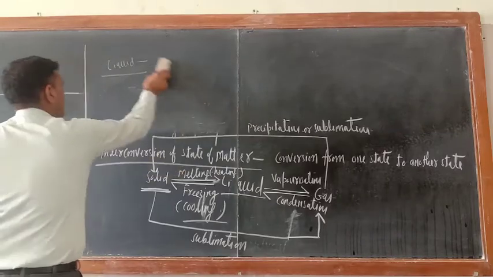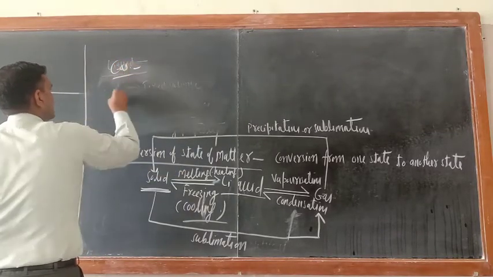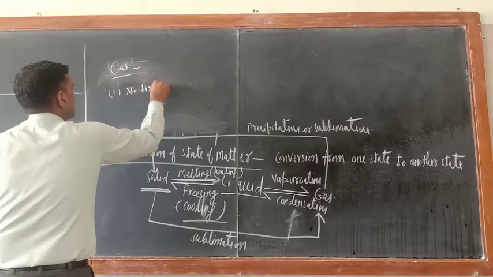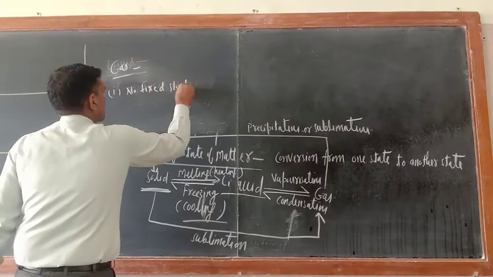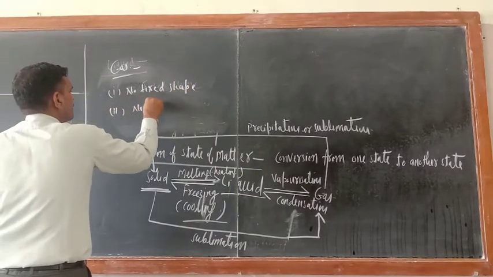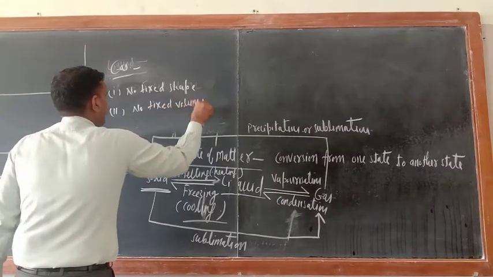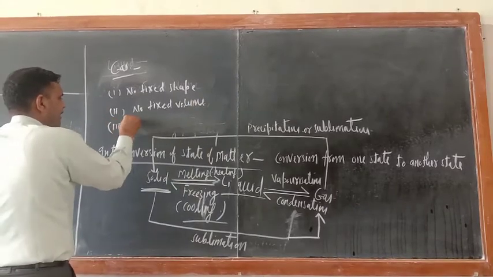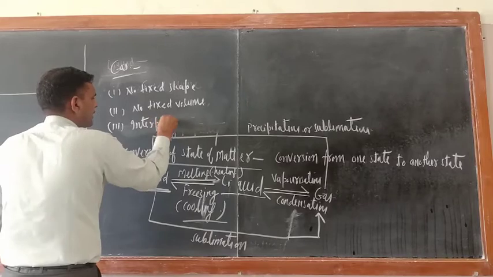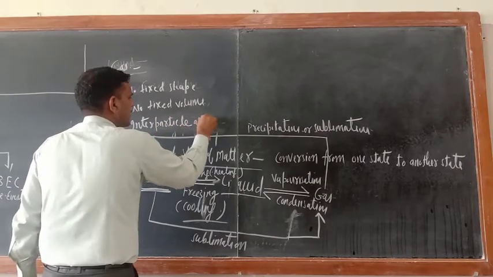What is the gas? Gas means: number one, no fixed shape; number two, no fixed volume; and third one, interparticle attractive force is negligible.